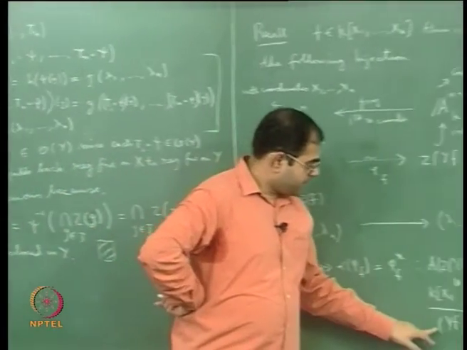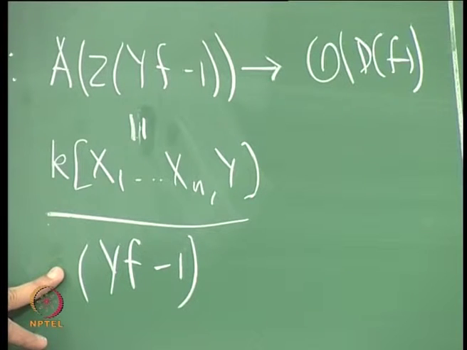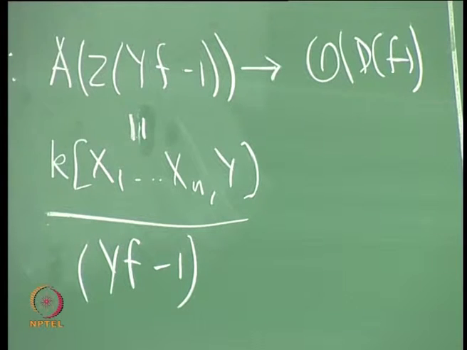So actually I should write here the radical of this ideal, because if I take Z of J, then I will have to put I of Z of J, but I of Z of J is rad J, so I will have to put radical of (yf minus 1).